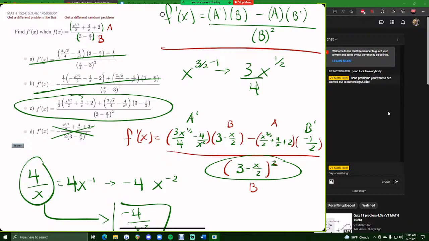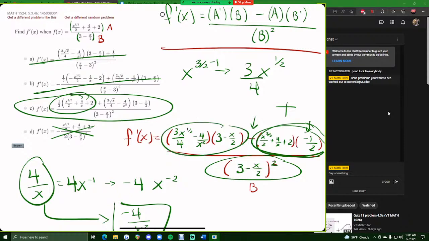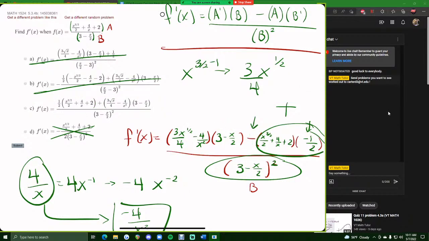For anyone wondering why all the terms are positive up top and why there's no negative in the middle, it's because they've multiplied that minus in the middle by this negative here with the 1/2. So negative times negative gave us a positive, and they've actually flip-flopped this, the second half to the front, and put the front half to the back. Hopefully that makes that answer choice make sense altogether.